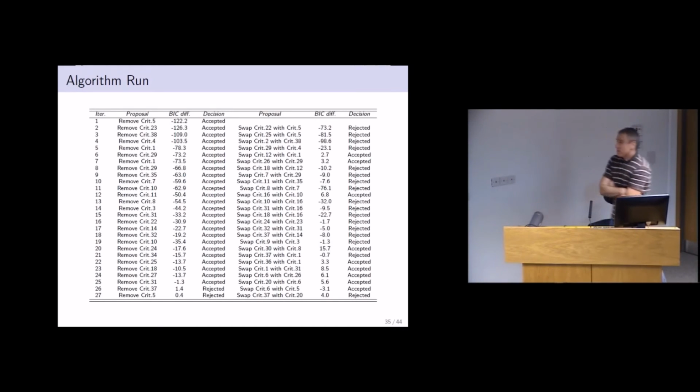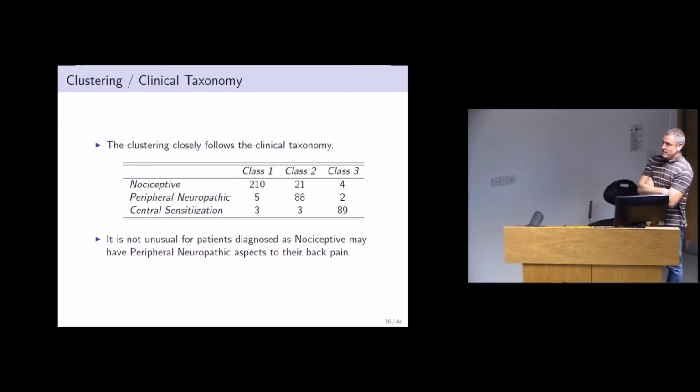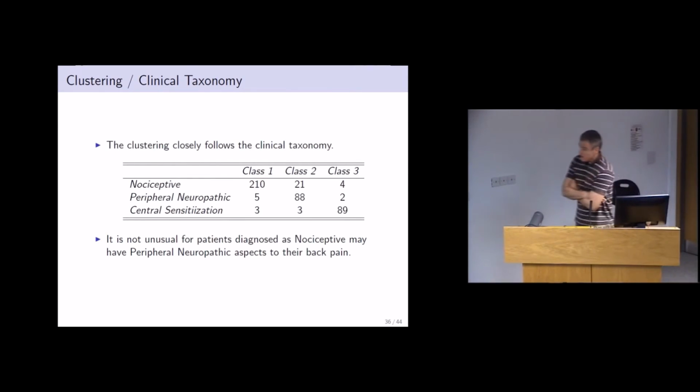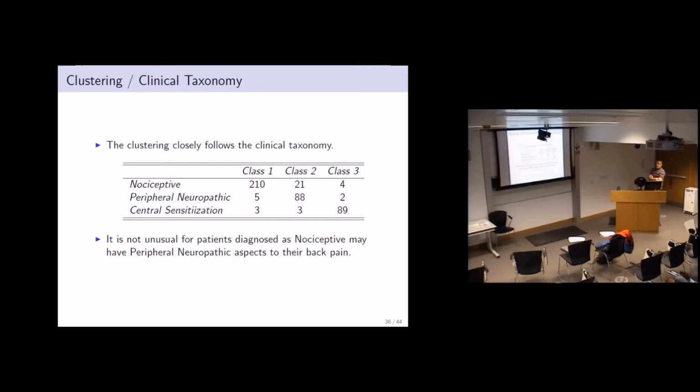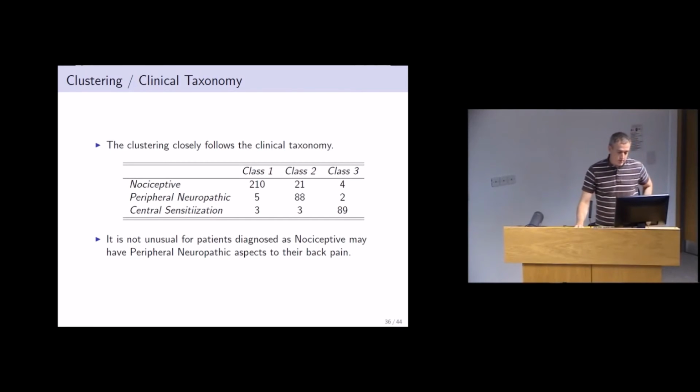When you do a table of the 3 groups we find using our 11 variables and the groups the physiotherapists previously felt were there, there's quite a strong connection between the two. Furthermore, there is some mixing between what we call group. The nociceptive patients seem to be split across 2 groups.